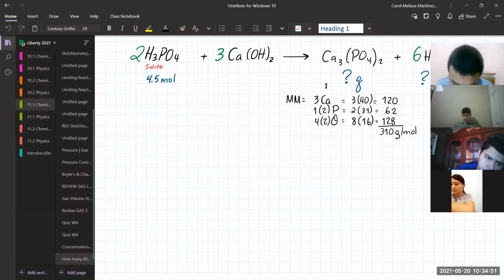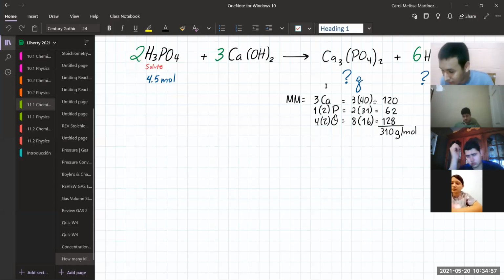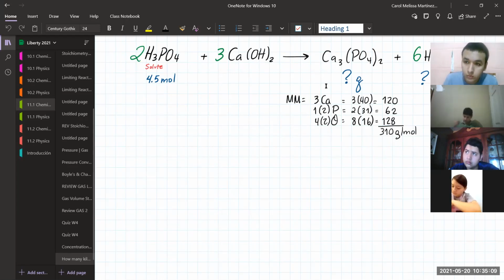And for H2O, we have 2 hydrogens and 1 oxygen. This is 2 times 1, and this is 1 times 16. So this is going to be 2 plus 16. So the molar mass is going to be 18 grams per mole.